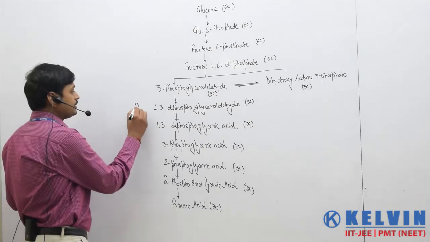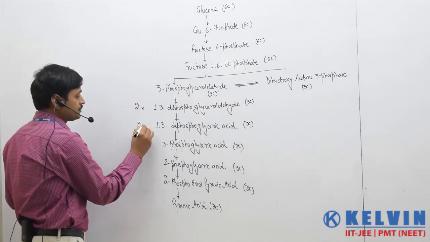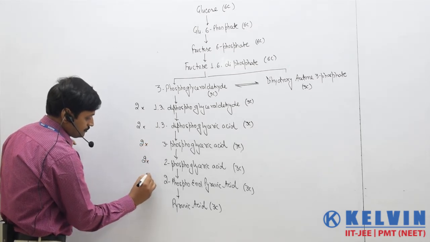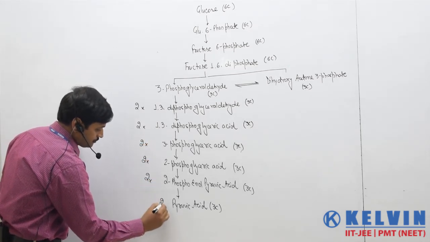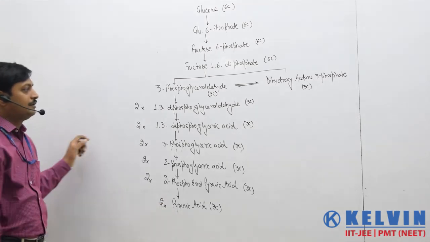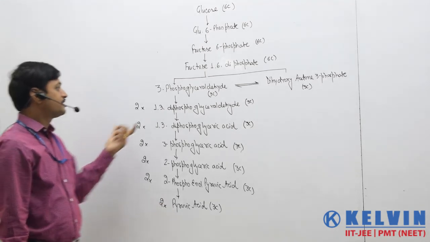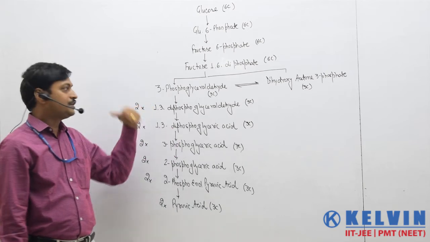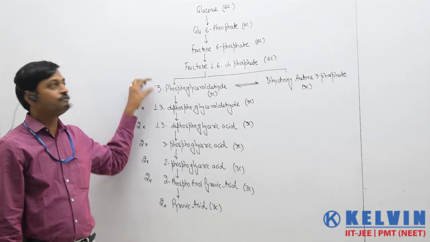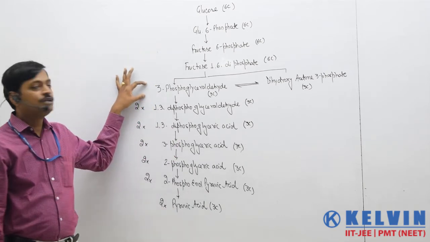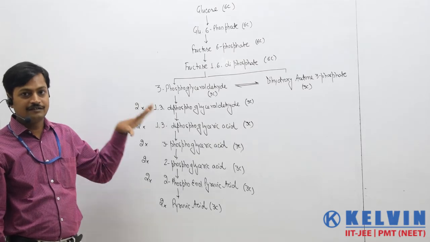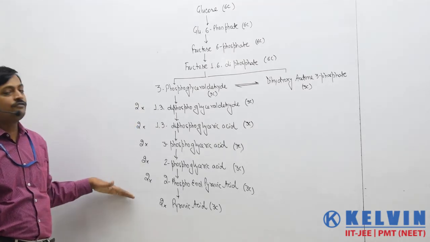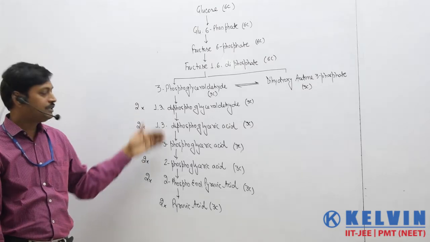Considering that dihydroxyacetone phosphate will isomerize into 3-phosphoglyceraldehyde, from 1 glucose molecule we have 2 phosphoglyceraldehyde, and so from this compound onward we have written 2 molecules of each.